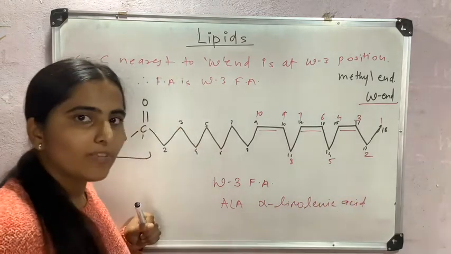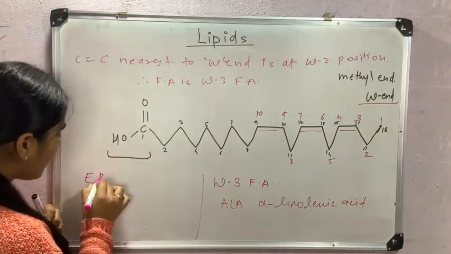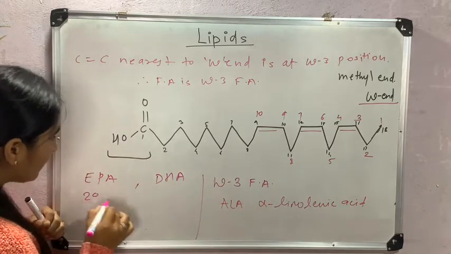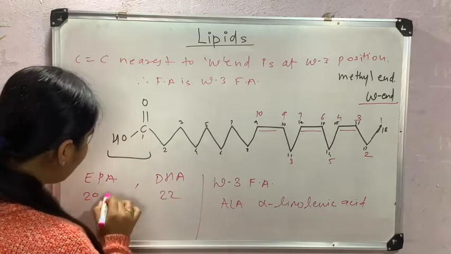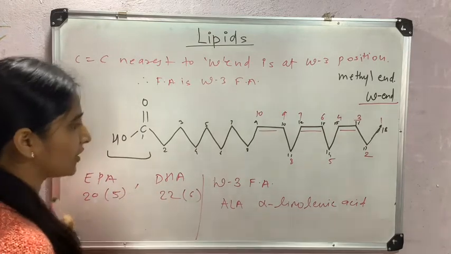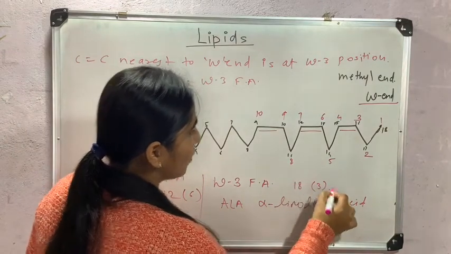And the remaining 2 omega-3 fatty acids are EPA and DHA. This has 20 carbon atoms and this has 22 carbon atoms. This has 5 double bonds and this has 6 double bonds in their structure. This is the 18 carbon structure with 3 double bonds.